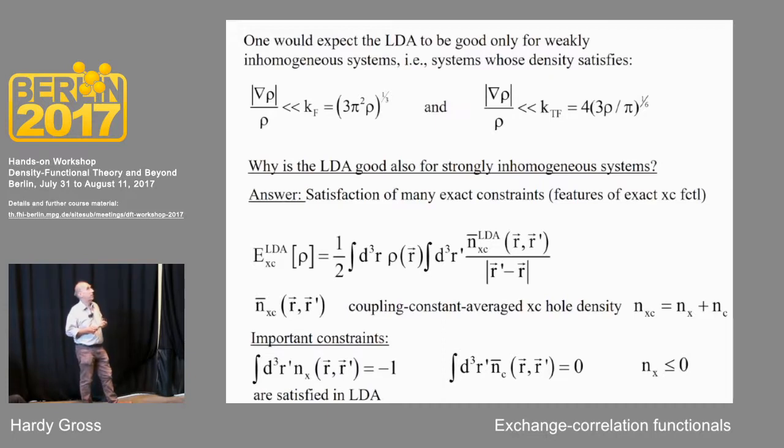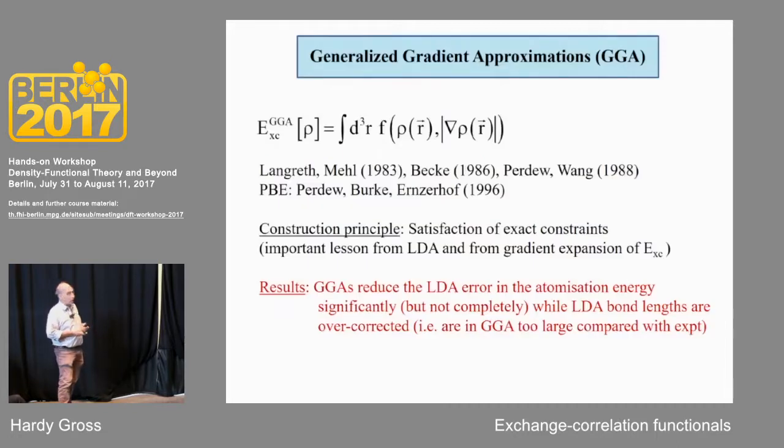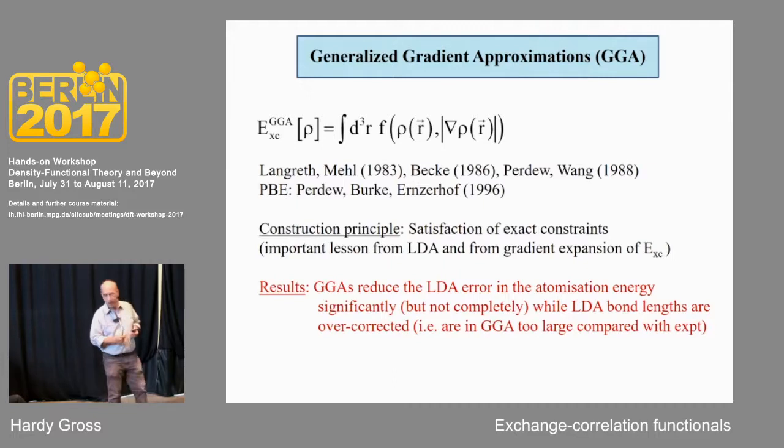The integral over the exchange part is -1, the integral over the correlation part is 0, and the exchange part is less than 0 everywhere. Those are important features. If you violate them, your functional will be bad. Now still there's this systematic error in the LDA, and one would like to correct for that.